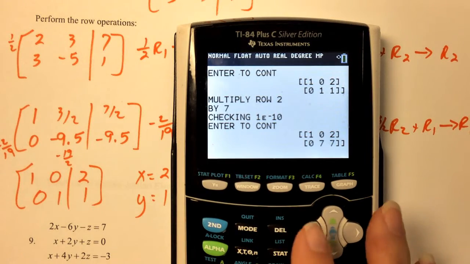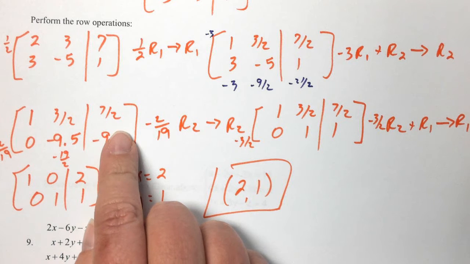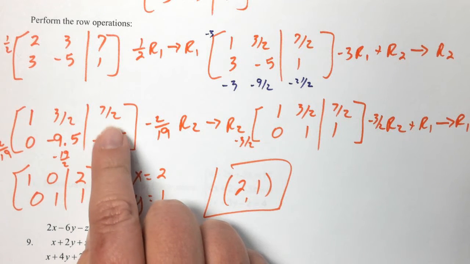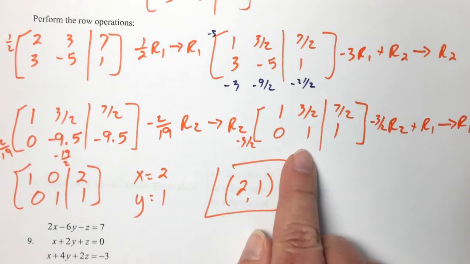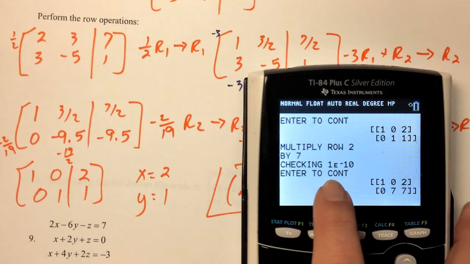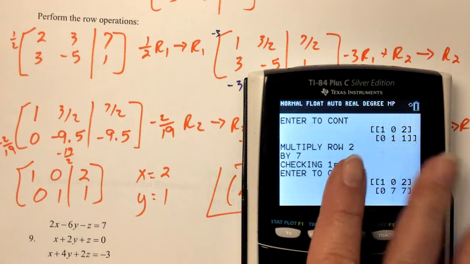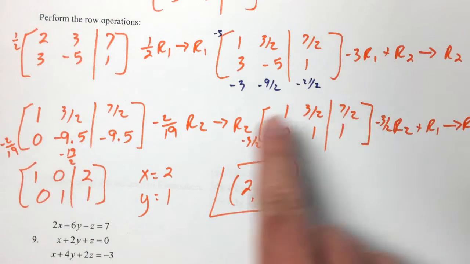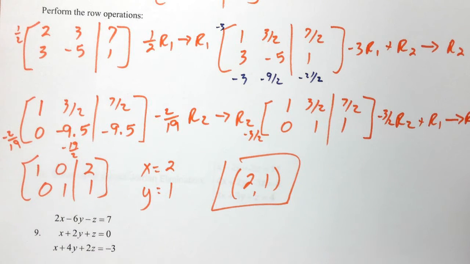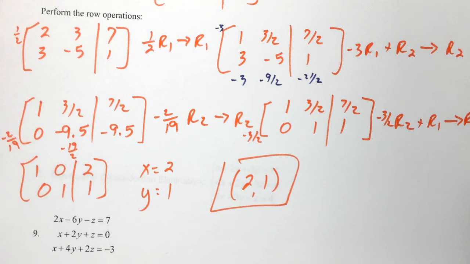So what you do is you exit the program and you go back to the last good matrix you had, and you enter that last good matrix in matrix A, and you carry on from there. There's not a back button once you're in the program to say, oops, I messed up, back me up. It doesn't have that. So that's why you're writing down the new matrix each time, so that if you make a mistake in your calculator, you can exit the program, type in the last good matrix as matrix A, and carry on from there.